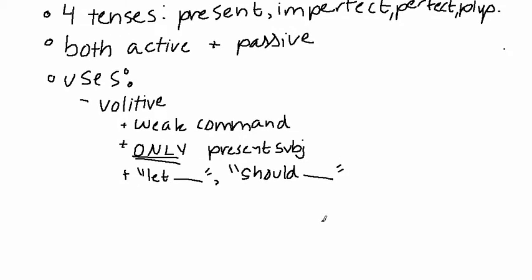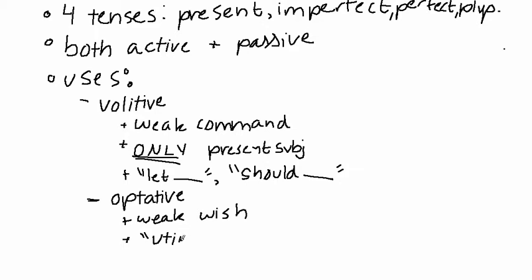And we'll cover this more when we start translating. And it can also be used as an optative verb, which is a weak form of wishing. So let me write down optative. And it's a weak form of wishing. Weak wish. And oftentimes the optative is accompanied by utinam.